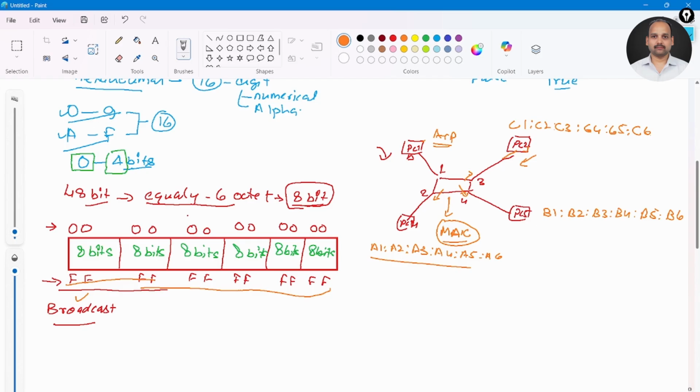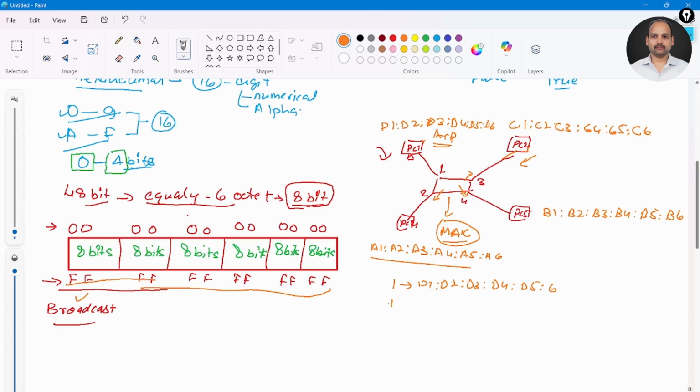Similarly, here I can say D1, D2, D3, D4, D5 and D6. This switch is going to maintain one table for port number 1, maintaining D1, D2, D3, D4, D5 and D6.